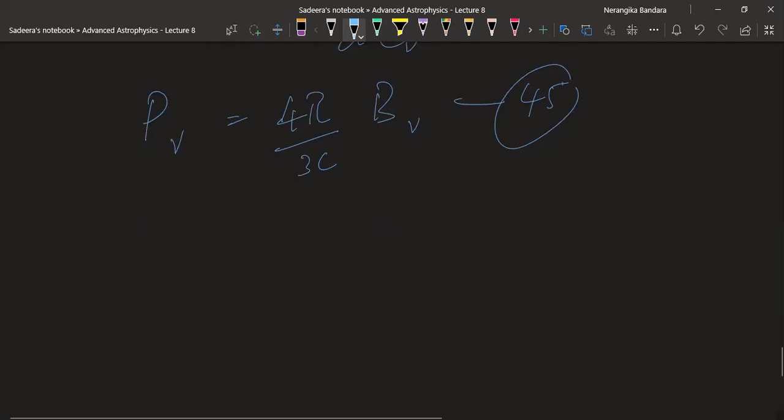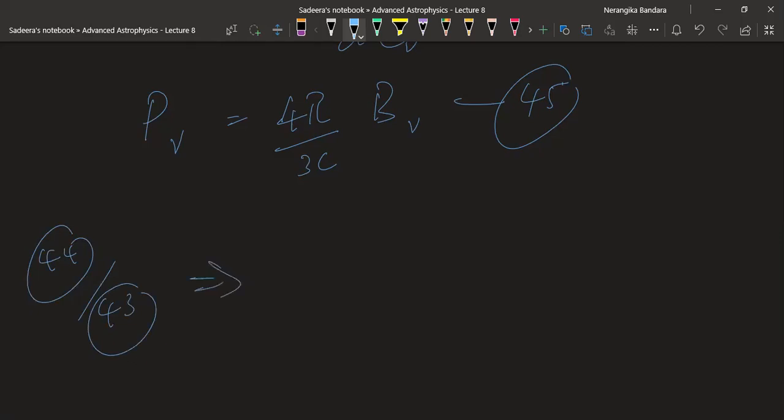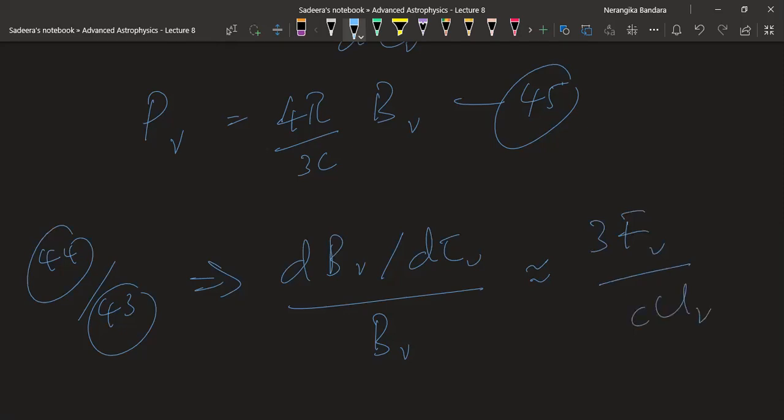Okay. And if we divide equation number 44 by 43, you end up with an expression like this: dB over d tau divided by B nu. And this would be roughly equal to 3 F nu divided by c u nu.